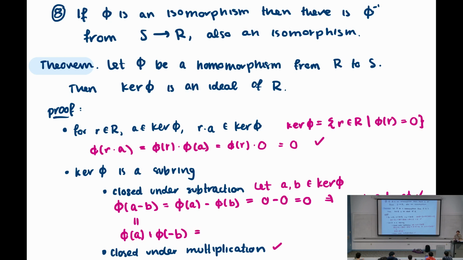So let's rewrite this. Phi of A plus phi of minus 1 times B. And then since it preserves multiplication, then we have that this is phi of A plus phi of minus 1 times phi of B.